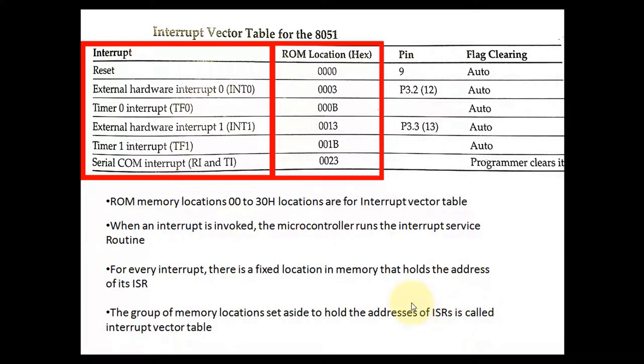Interrupt vector table. There are a total of 6 interrupts possible in the 8051 microcontroller: reset, external hardware interrupt 0, timer 0 interrupt, external hardware interrupt 1, timer 1 interrupt, and serial communication interrupt.